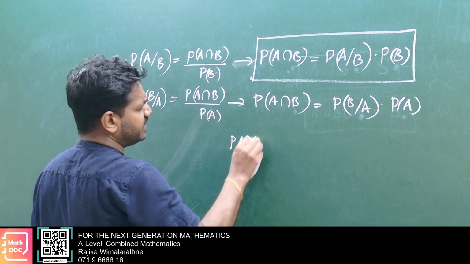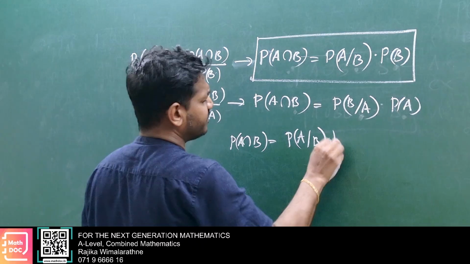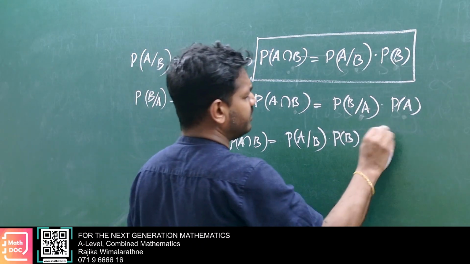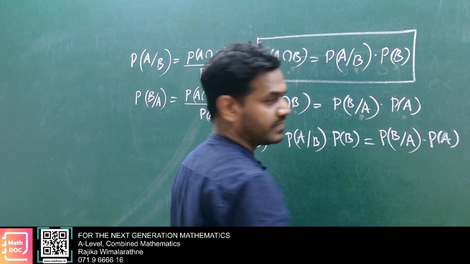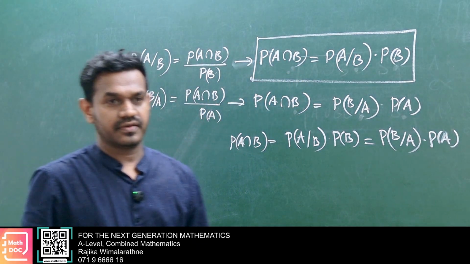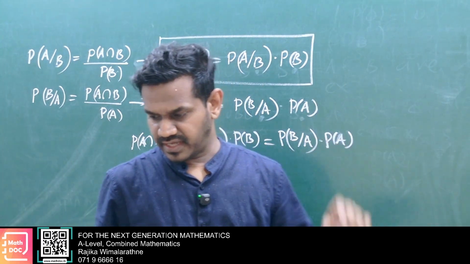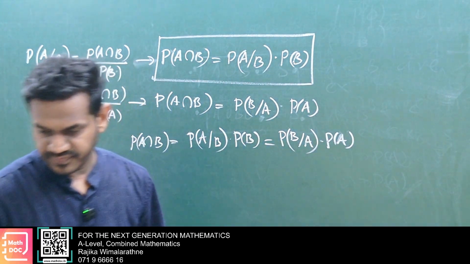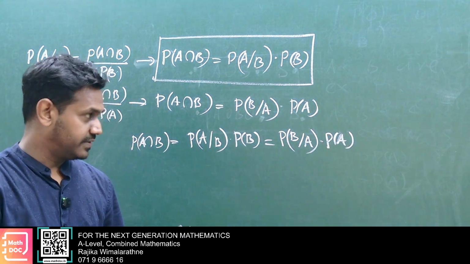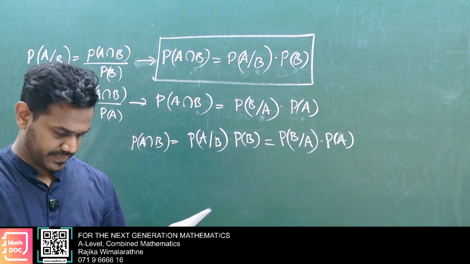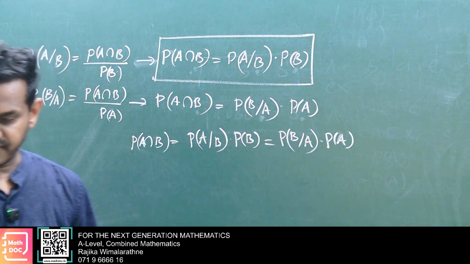P(A intersection B) equals P(A given B) times P(B), equals P(B given A) times P(A). Okay, somewhere you better write that. Page number 7, if you have space, just put that one. Page number 7 or 8, whatever, just write somewhere.